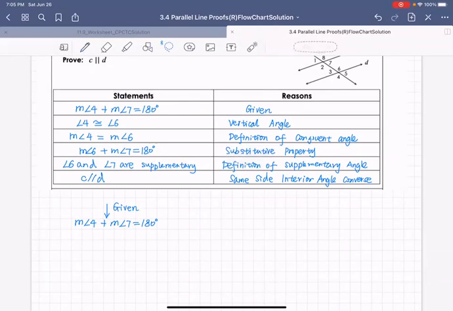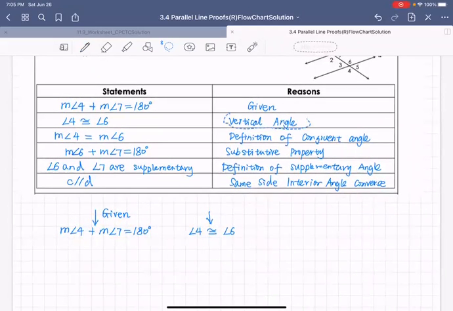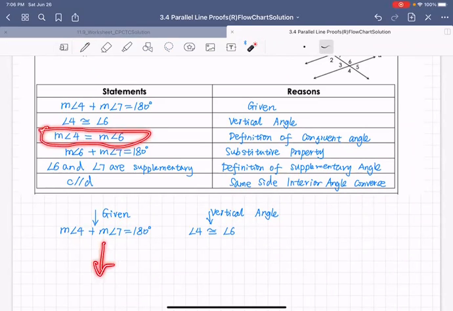Next, we copy and paste over here. Angle 4 and angle 6 are congruent. And this is because of vertical angles, right? So we copy this one here, like that. Okay, so next one, Annie, when you see this, do you want to put it here or here?